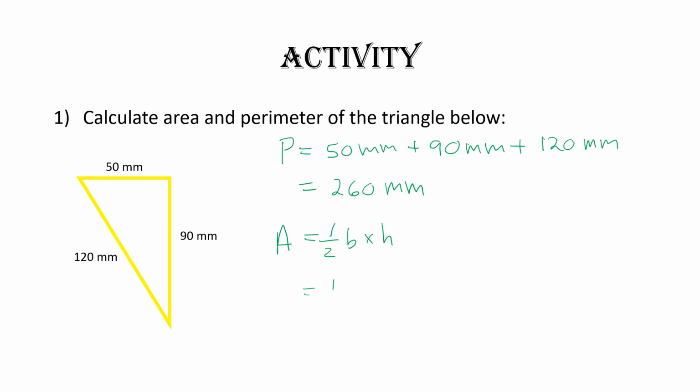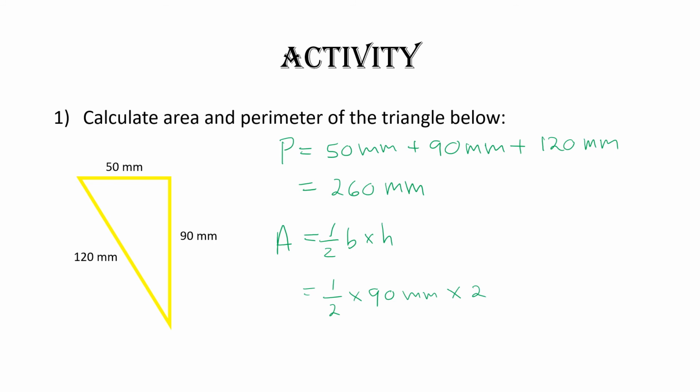Right, so we have half base times height. In this case we're going to end up with a big number here. So we have half multiplied by 90 millimeter. Actually the base is 50, but I put 90 instead; it's commutative, so it doesn't matter. I'm already looking at the easier way to calculate.